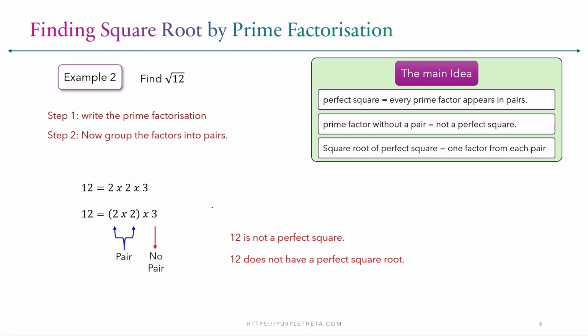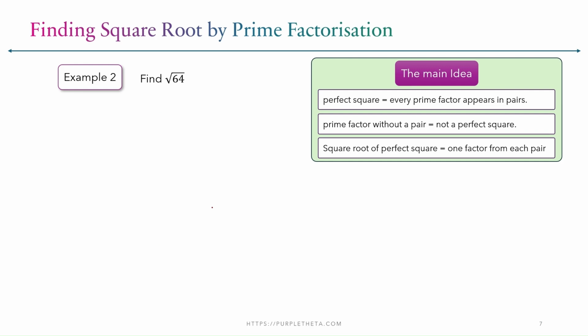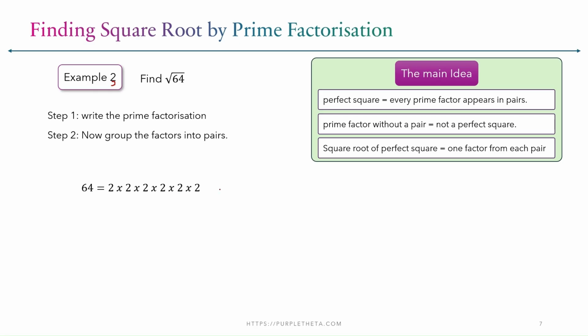Okay, let us see one more example. In this example, let us find the square root of 64. This should be example 3. Okay, so for the first step, let us write the prime factorization of 64. So this is how we write the prime factorization of 64. Here 2 is multiplied 6 times, right? For the second step, let us group them into pairs. So here the first 2 multiplied by 2 forms one pair. After that 2 multiplied by 2 forms another pair, and the last 2 multiplied by 2 forms one more pair, right?